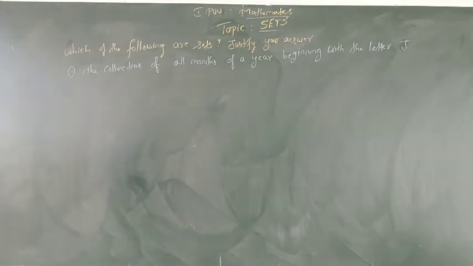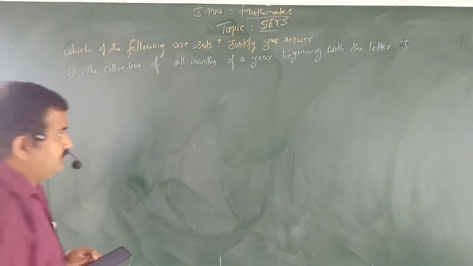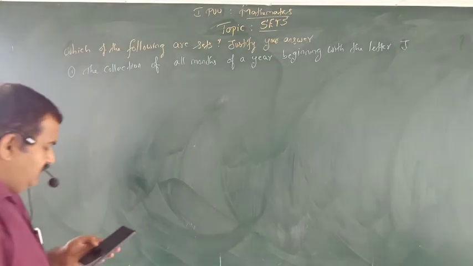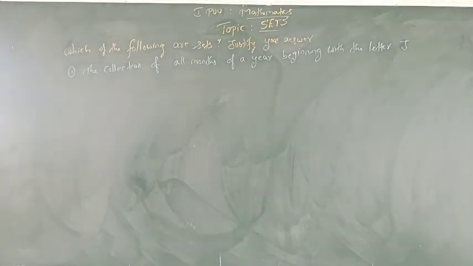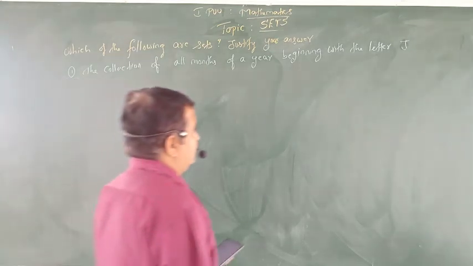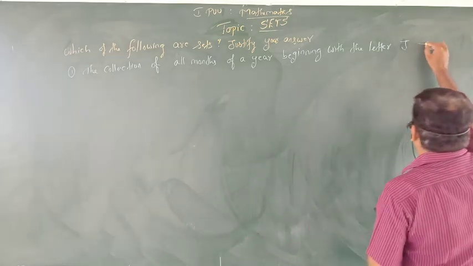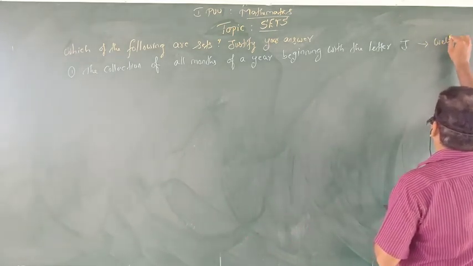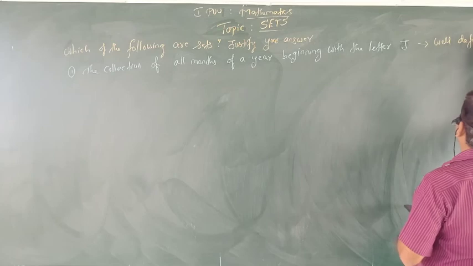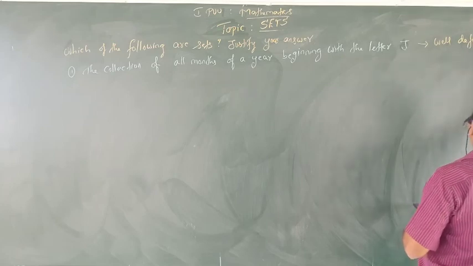The collection of all months of a year beginning with the letter J is well defined, isn't it? One can definitely identify a month that belongs to this collection. So it is a well defined set.